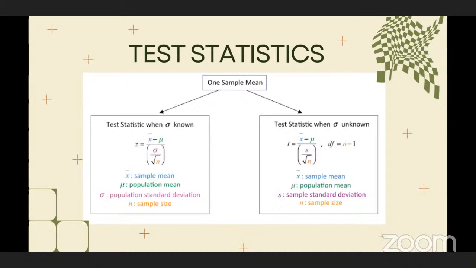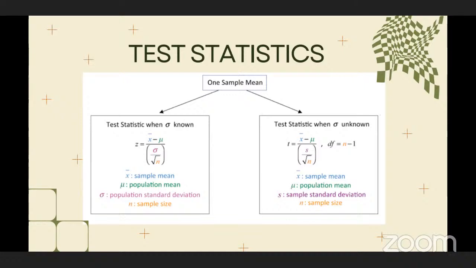The formula for the population known is Z equals X bar minus mu, divided by sigma over the square root of n, where X bar is the sample mean, mu is the population mean, sigma is the population standard deviation, and n is the sample size.